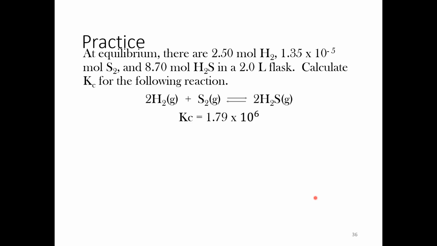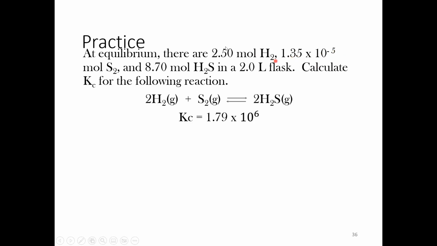So when you go to write the equilibrium expression, we'll have H2S squared on top, H2 squared on the bottom, and S2 just as itself on the bottom. So when we plug everything in, we'll have on the top 4.35 squared because we're going to cut that number of moles in half. And then on the bottom, we'll have 1.25 squared for the hydrogen, and 1.35 times 10 to the negative fifth.